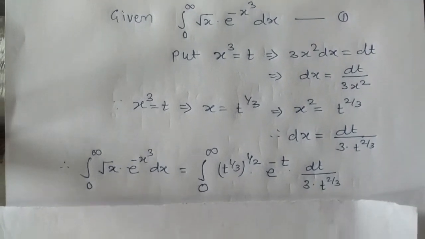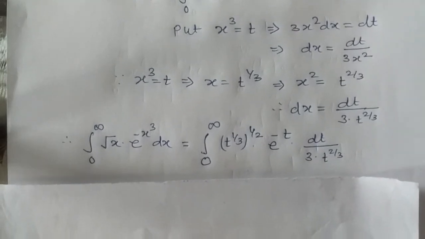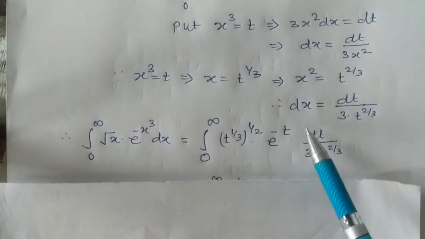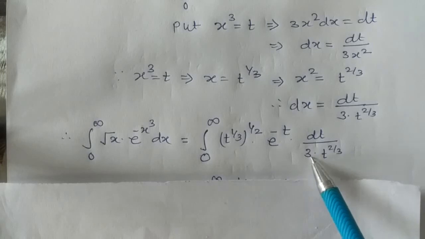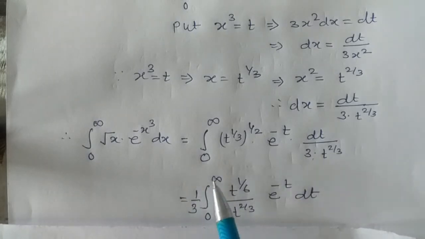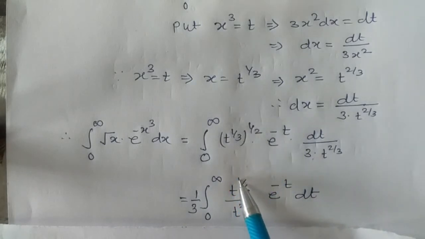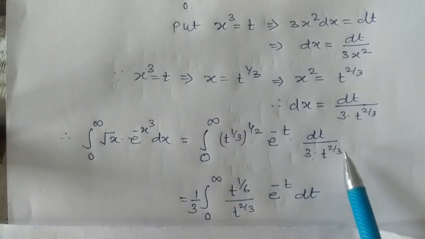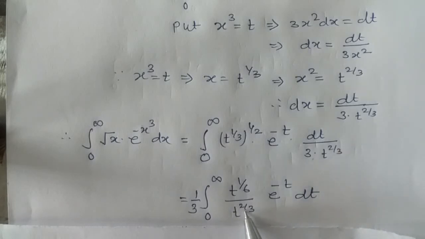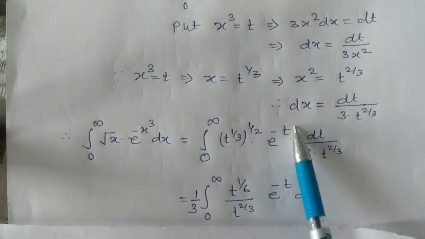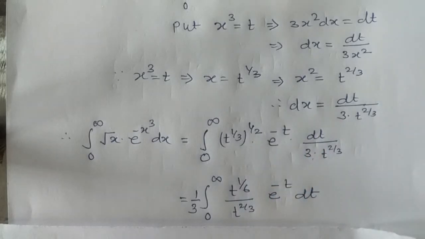Now we simplify this integral. 1 upon 3 is a constant, so we write it outside. Then we have the integral from 0 to infinity; the numerator becomes t power 1/6, and in the denominator we have t power 2/3, into e raised to minus t dt.